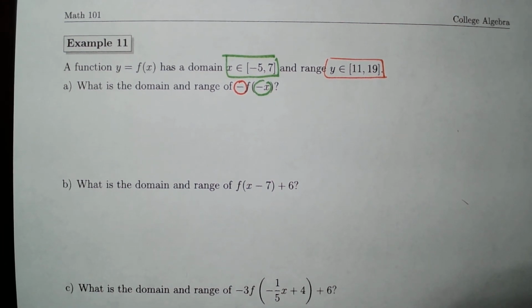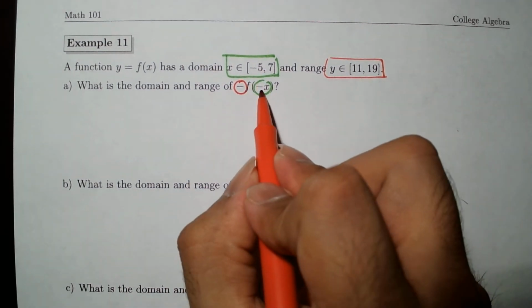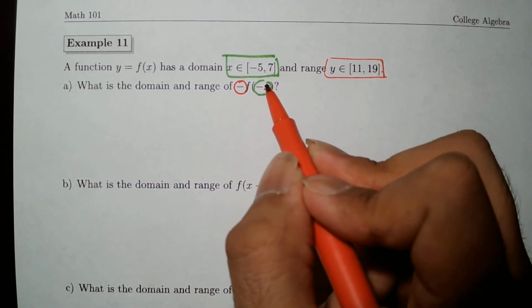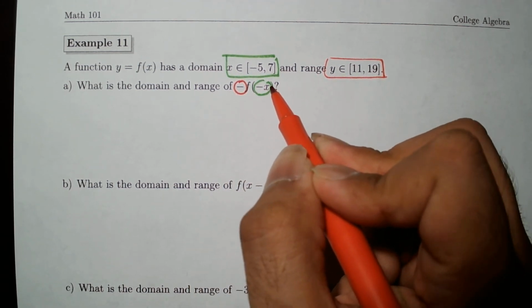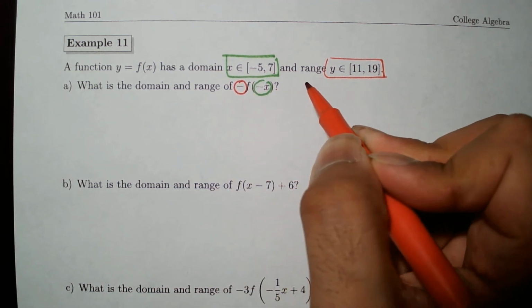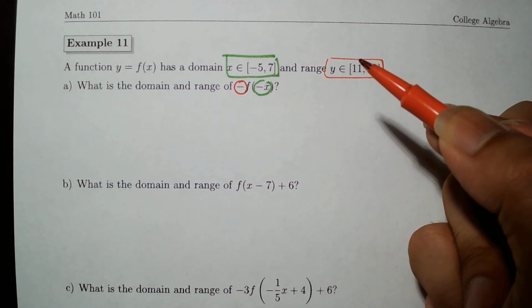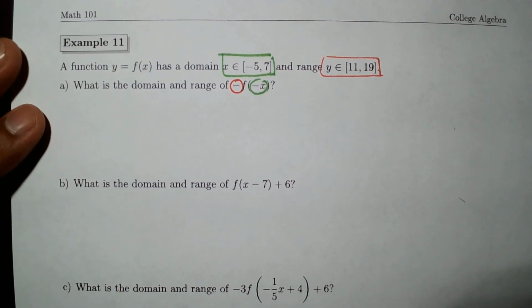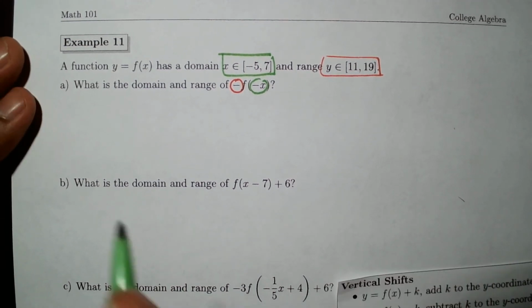That's basically the main takeaway of this section. Whatever is inside the parentheses, or the radical or something like that, shifts the x's. Everything else, multiplying outside, adding outside, or dividing outside, shifts the y values. All right, so let's see what's going to happen here. So let's take care of the x's.